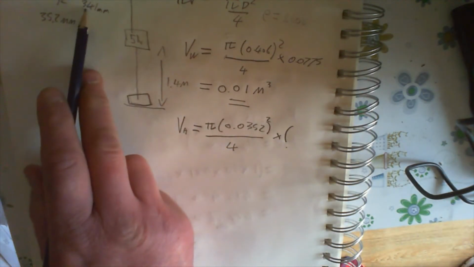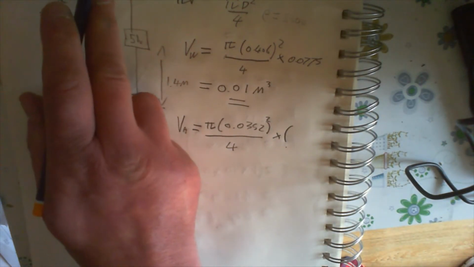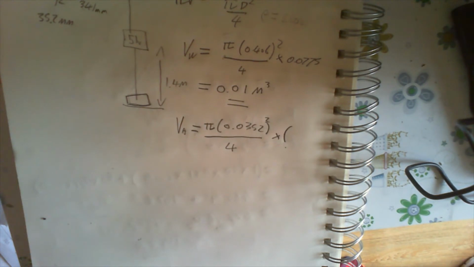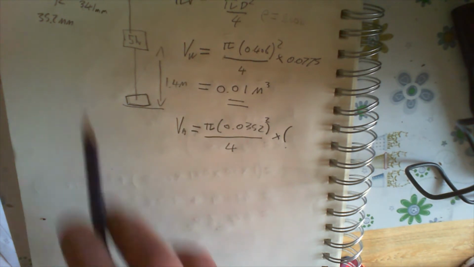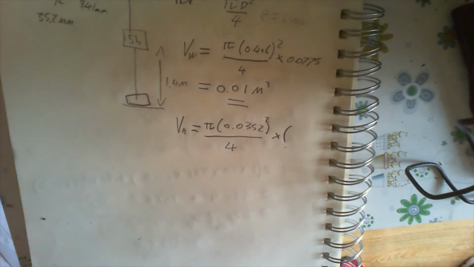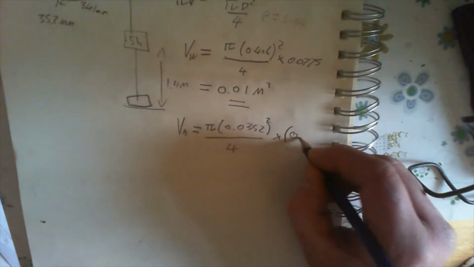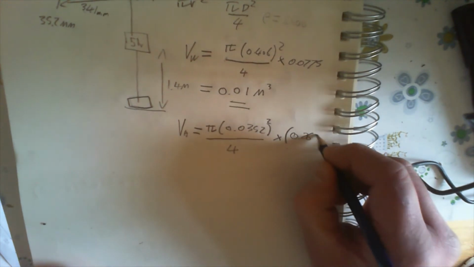That whole length is 341, and we have to subtract from it 0.341 minus 0.0775, which equals 0.2635.